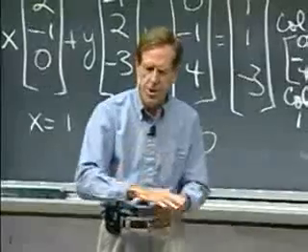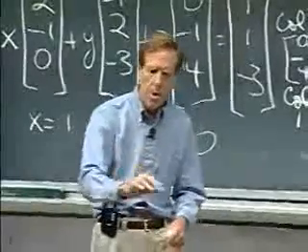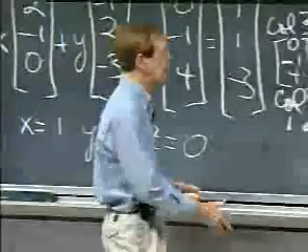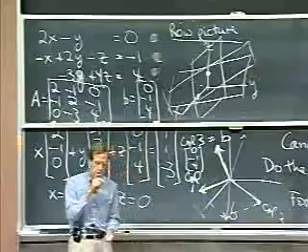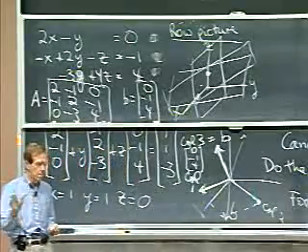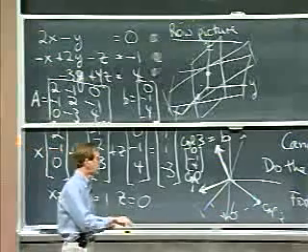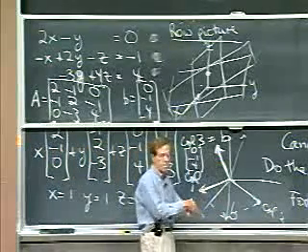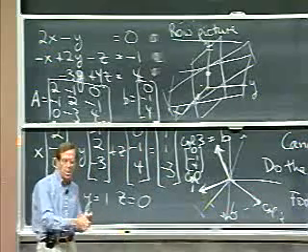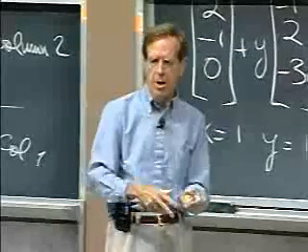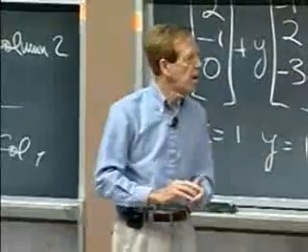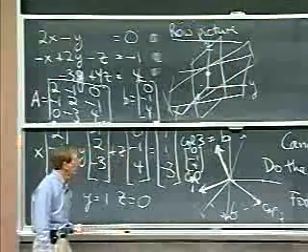All the combinations are in the plane, and the only right-hand sides B that I could get would be the ones in that plane. I could solve it for some right-hand sides, but most would be out of the plane and unreachable. So that would be a singular case. The matrix would not be invertible. There would not be a solution for every B.